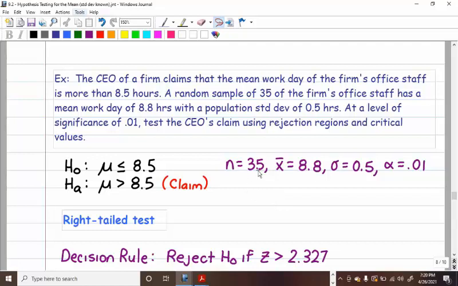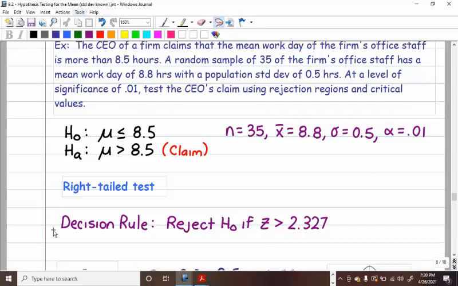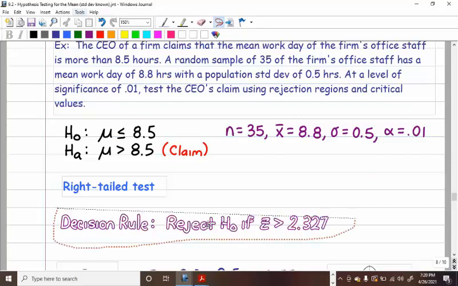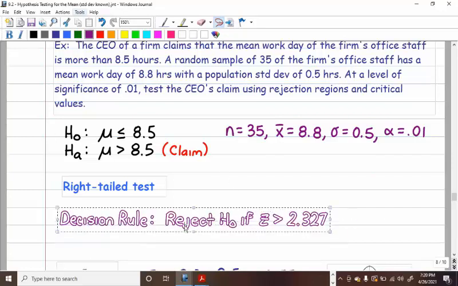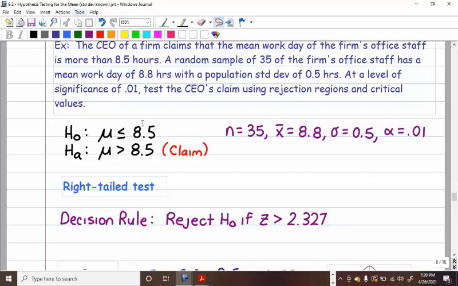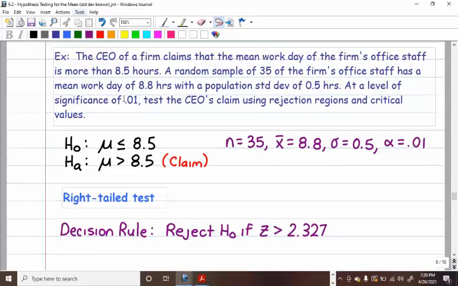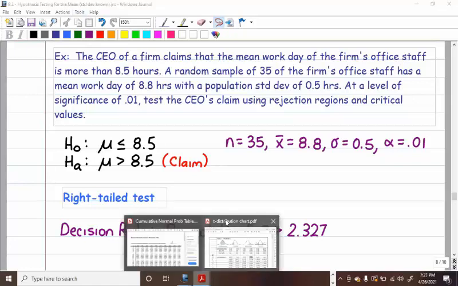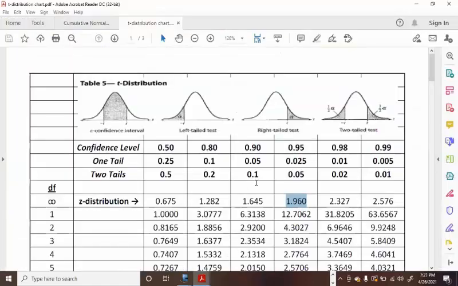Let's see, I just wrote down all the data right here. Now, this is a right-tail test by definition. So our decision rule using this method will be reject H0 if z is greater than, okay, here's 0.01. So I want the right-tailed 0.01 value, which we've already gotten from above, but let's do it again.